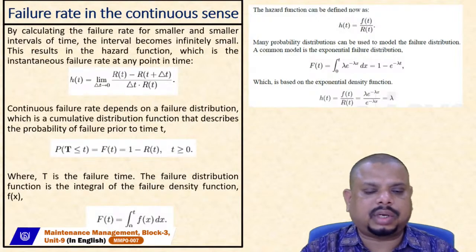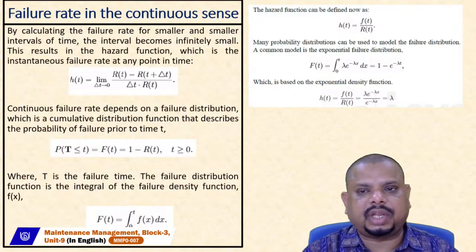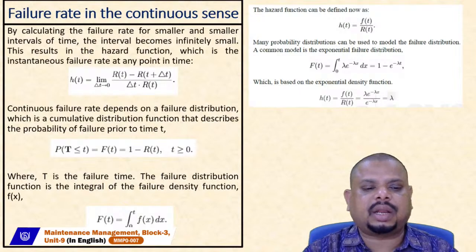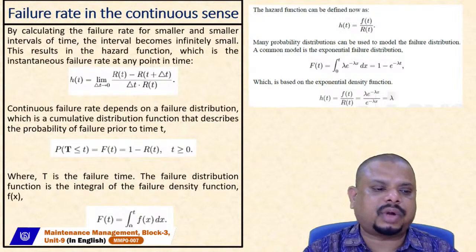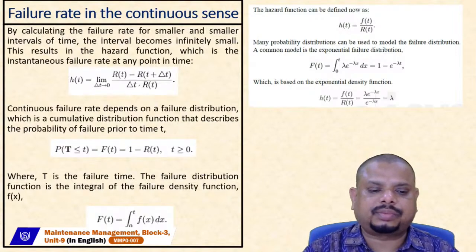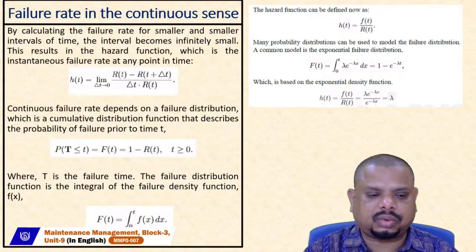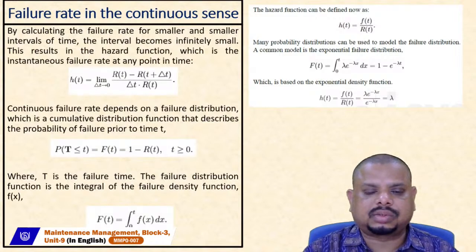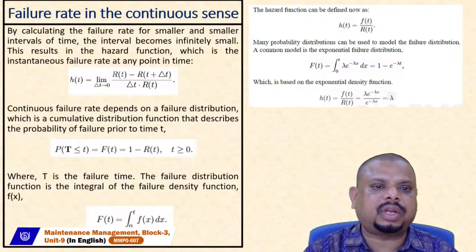Then t stands for the failure time, and the failure distribution function is the integral of the failure density function, denoted as f(x). So F(t) equals the integral from 0 to t of f(x) dx. So this is equation 3 for the failure rate in case of continuous cells.